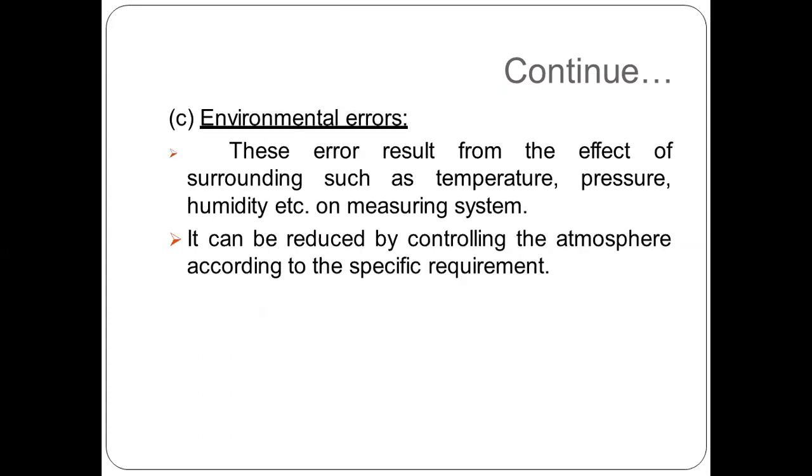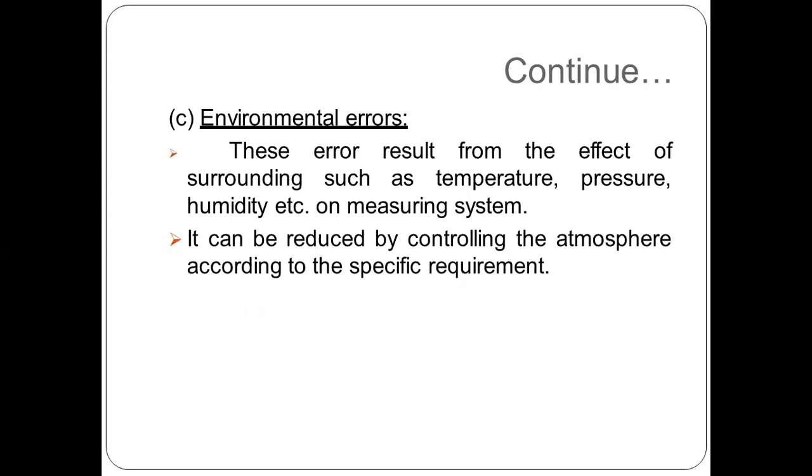Okay. Now environmental error. These errors result from the effect of surrounding temperature, pressure, humidity. So generally during measurement at the nanoscale and micrometer scale, you are finding this environmental error due to the effect of temperature, pressure, humidity, and working conditions.